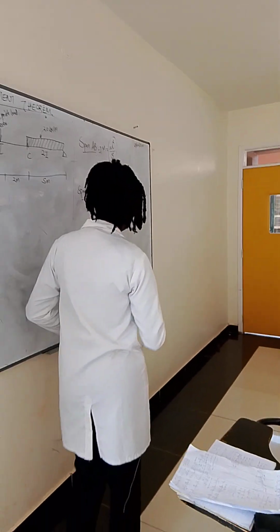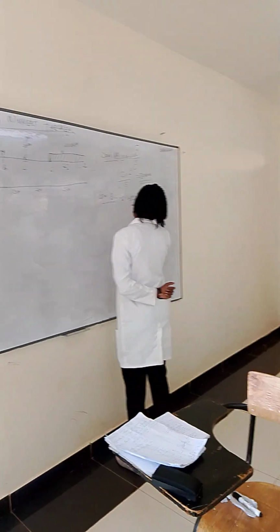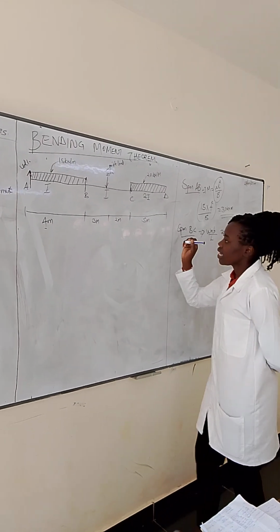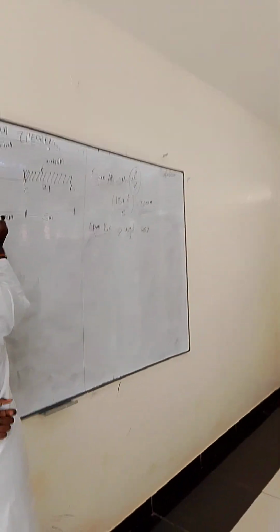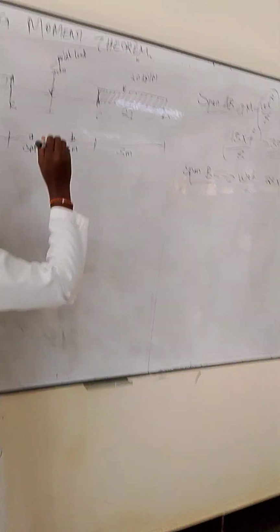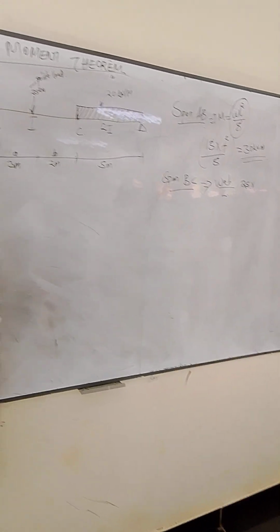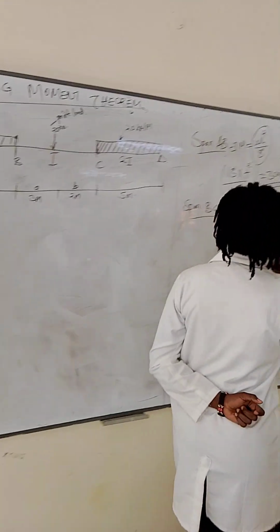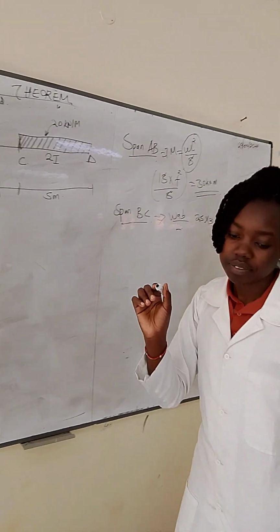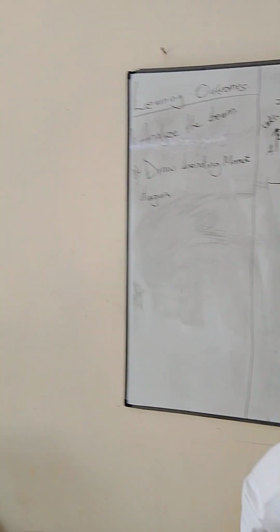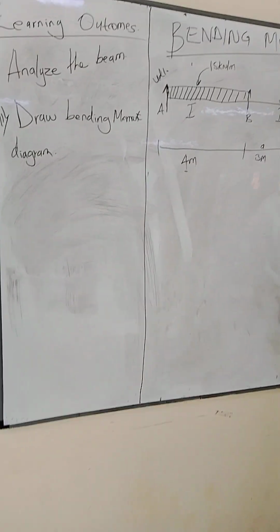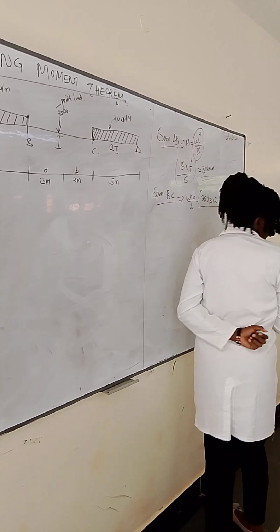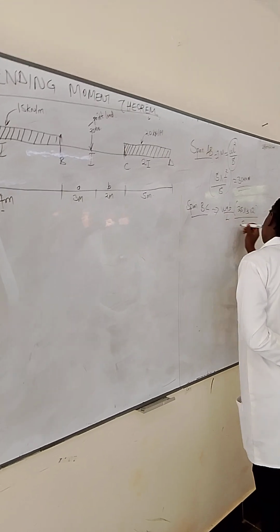So our load is 25 times a, this one is a, and the other side is b, times 2, over the total length, which is 5.